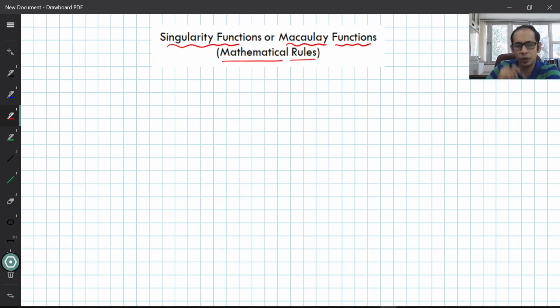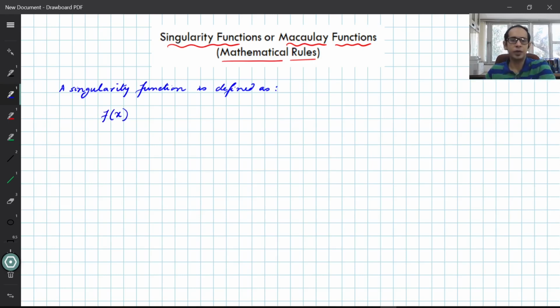A singularity function is typically defined as, I will go ahead and write it. A singularity function f of x, that is a function of x, is written as equal to Macaulay brackets, x minus a raised to n.